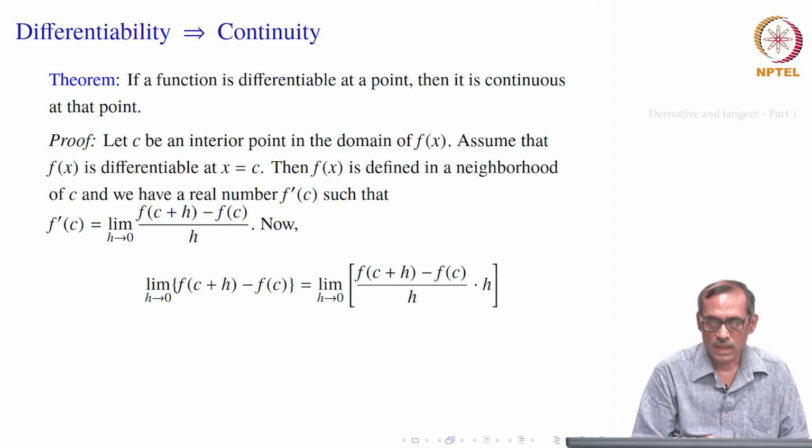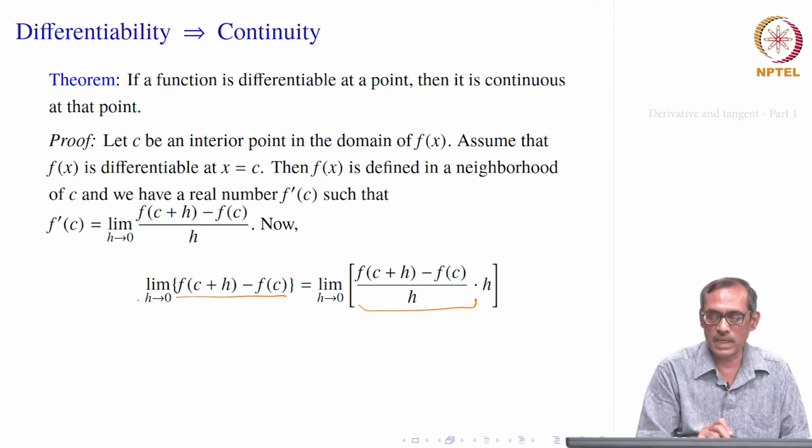Now, what do we do? We want continuity. So, let us express f of c plus h minus f of c, forget about the limit now, it is just the expression: f of c plus h minus f of c is equal to f of c plus h minus f of c divided by h, times h.